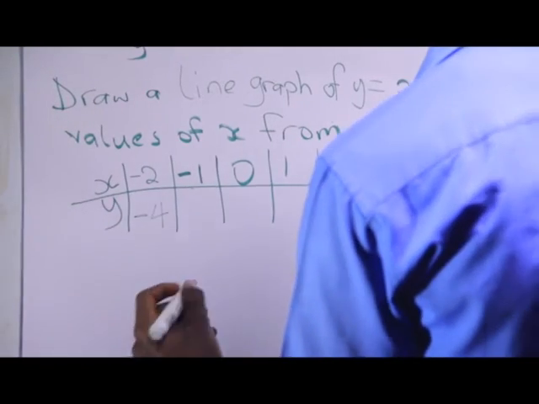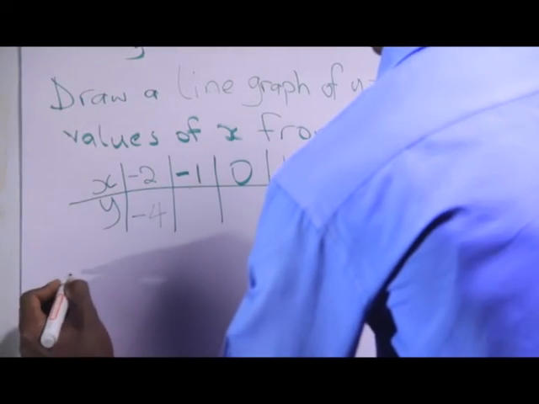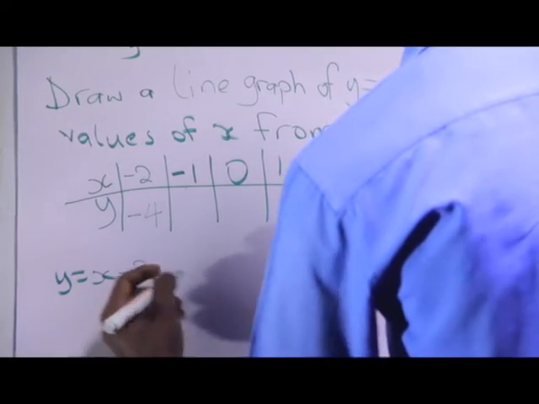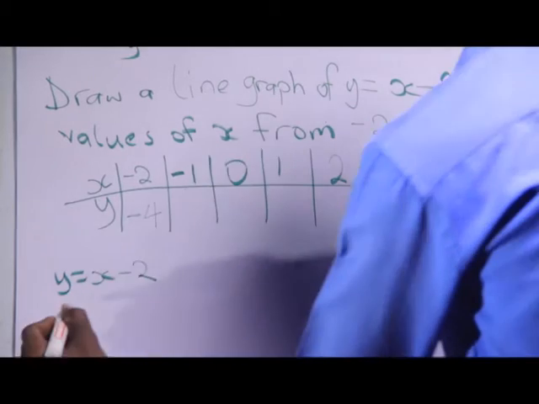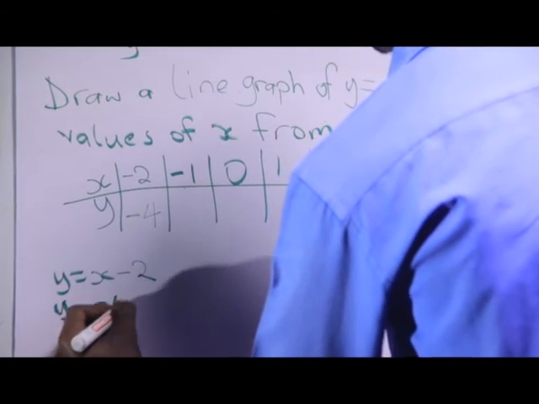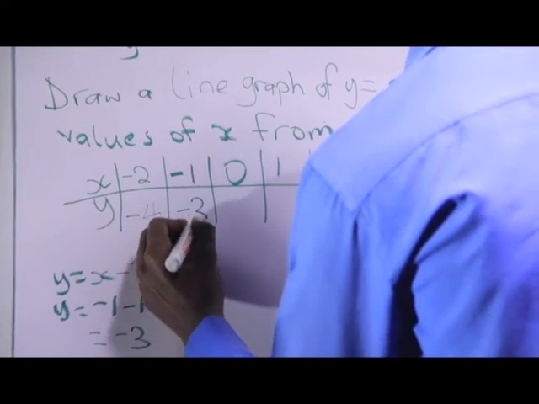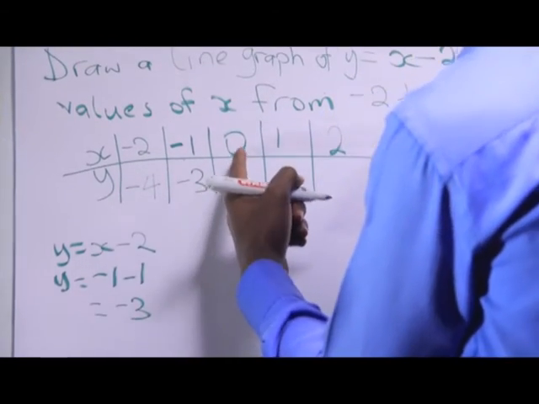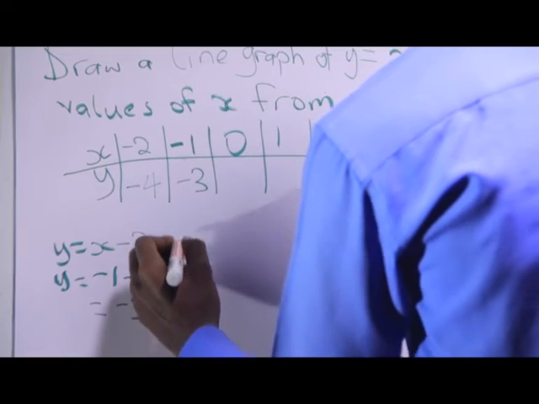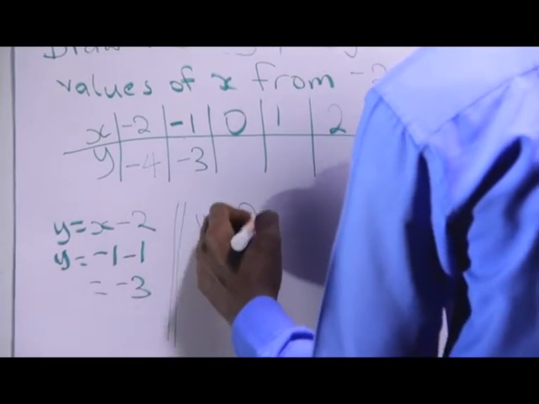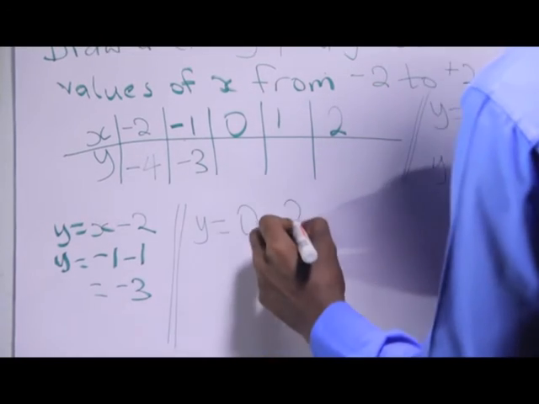I proceed to the next. The general equation is y is equal to x minus 2. My x in this case is -1, so my y is going to be -1 minus 2, which is -3. I proceed to the next where the x is 0, so my y here is going to be y is equal to x, which is 0, minus 2.